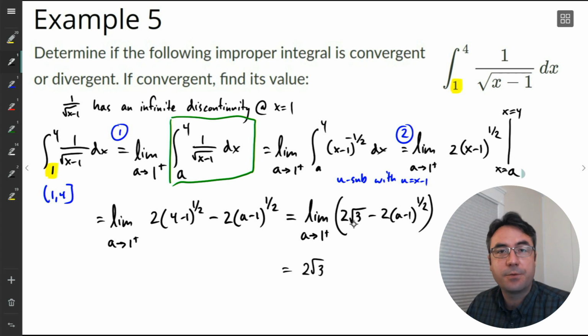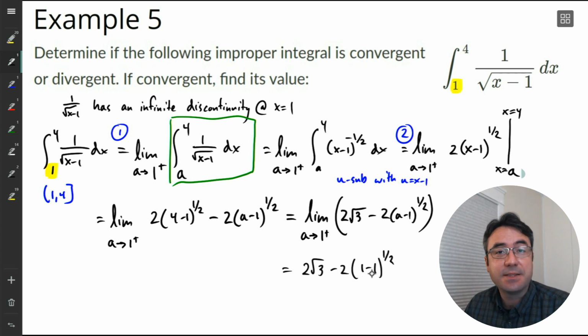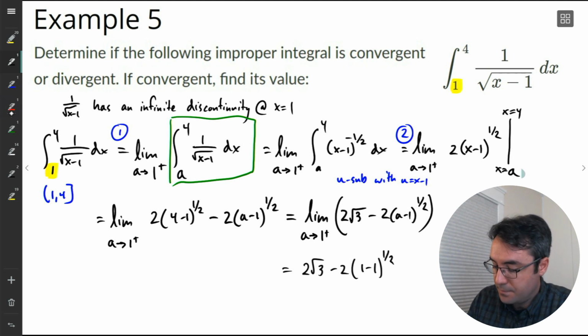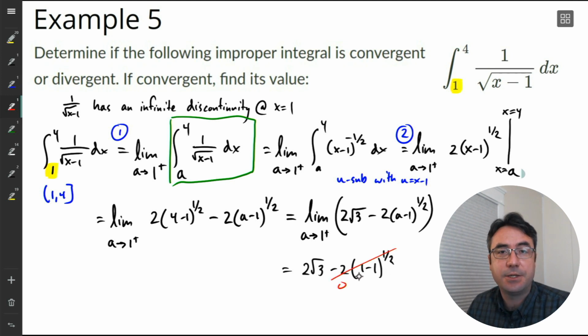We get 2 square root 3. There's no a value here, so this doesn't change at all. Then we have minus 2, which is also a constant multiple, so that's not going to change. And then we plug 1 in, and we get 1 minus 1 raised to the 1/2 power. And that actually does make sense. 1 minus 1 is 0, so this whole second piece just becomes 0.